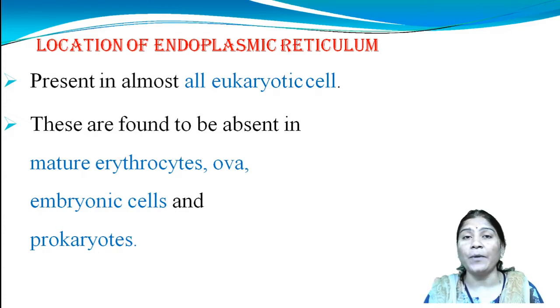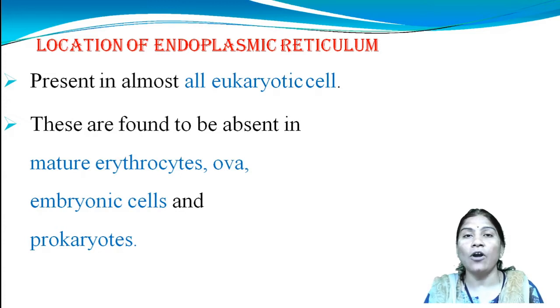Means the endoplasmic reticulum is present in only the eukaryotic cell, but there are some exceptional cases like the mature erythrocyte. In the mature erythrocyte, endoplasmic reticulum is completely absent. Also in the ova and the embryonic cells, endoplasmic reticulum is absent.